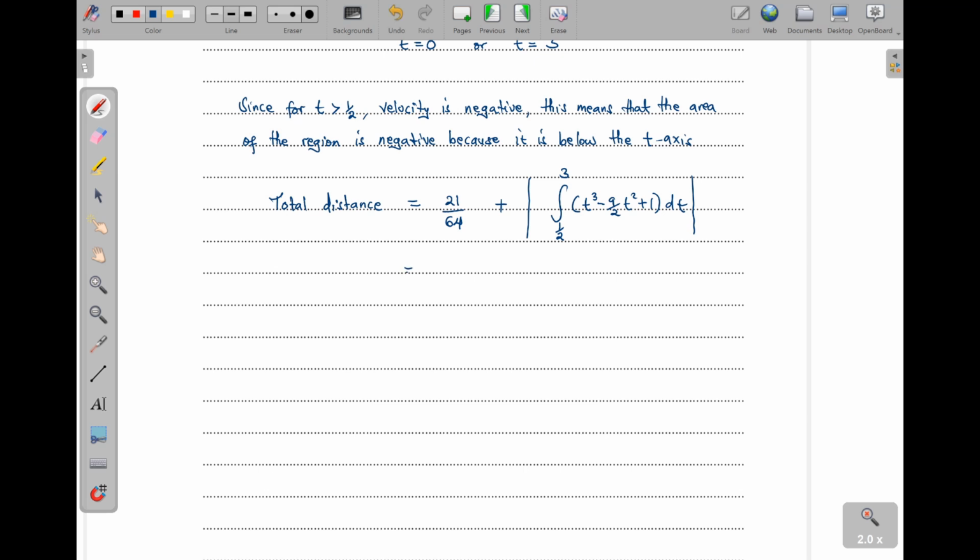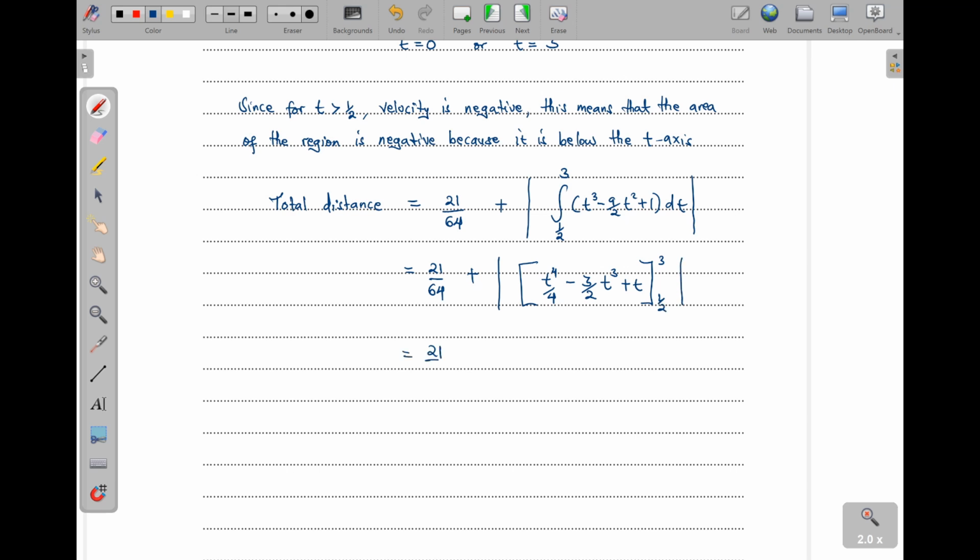So we have here 21 over 64, then plus the modulus of, now when you are integrating, remember you take away the integral sign. So t power 4 over 4 minus 3 over 2 t to the power of 3, and then plus t. Now let's put our limits.